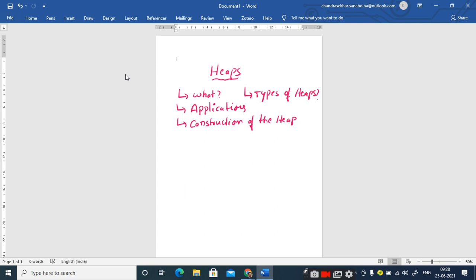And coming to the definition of the heap. A heap is a tree-like data structure which should satisfy two properties. The first property is called the shape property. We can also call this shape property the structure property.